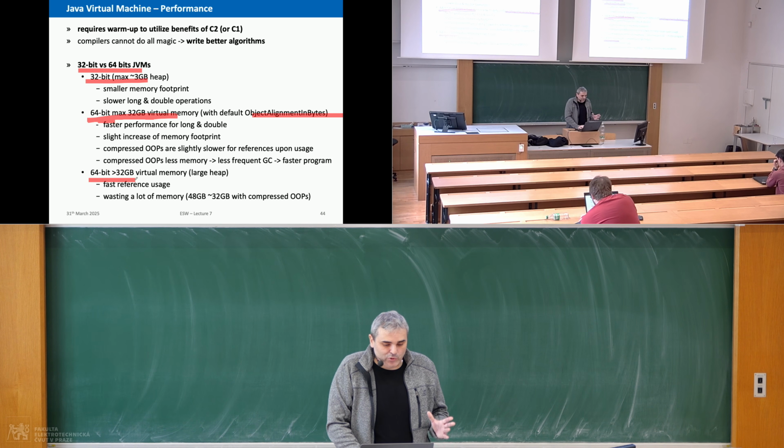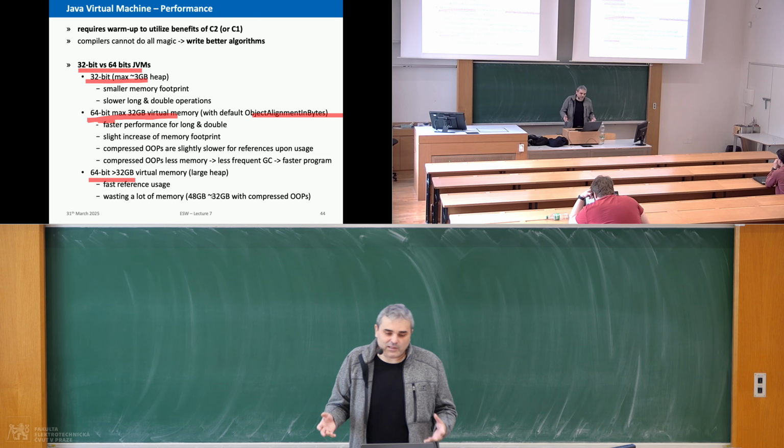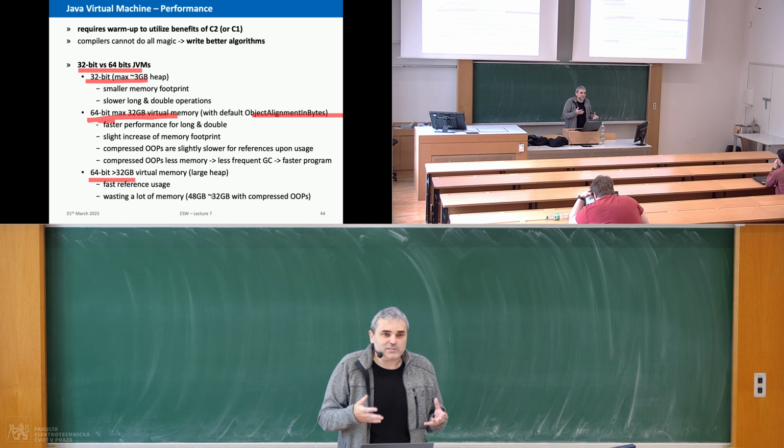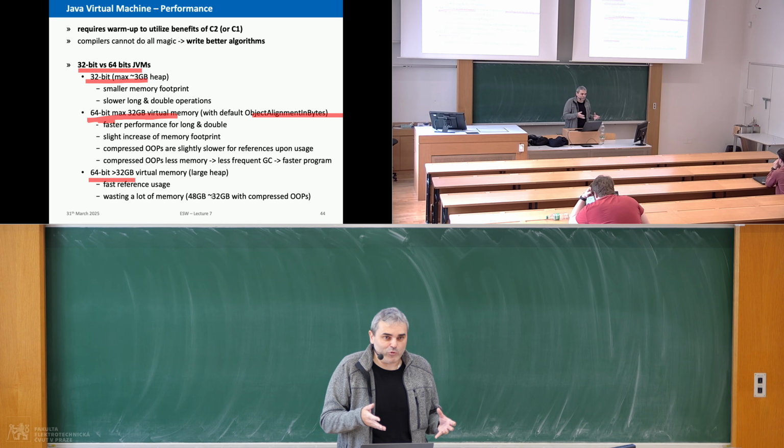If you really need to use larger heaps, you have to consider this. You are using more space for the references, fine, you cannot do anything about it. But if you, let's say, use 35 gigabytes of heap, it makes no sense. Why? Because it was experimentally found that in a standard application, though it really depends on the application, if you have a lot of objects, you have a lot of pointers, a lot of OOPs.